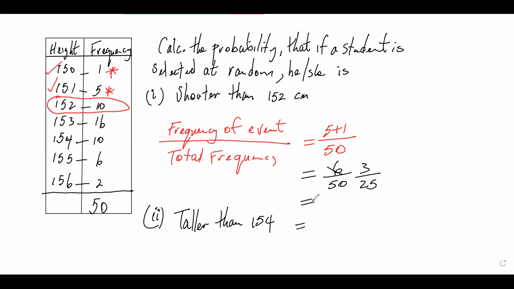So you're writing it like this: capital P for probability, greater than 154, equals. You're giving me the answer as a fraction, eh? And then you could put it as a decimal if you want. Give me the answer as a fraction, and then you could put it as a decimal. I want to see the answer.